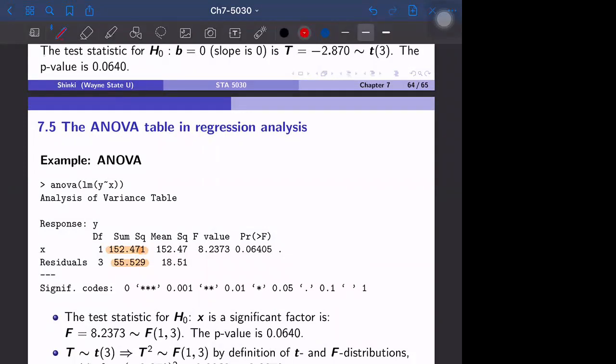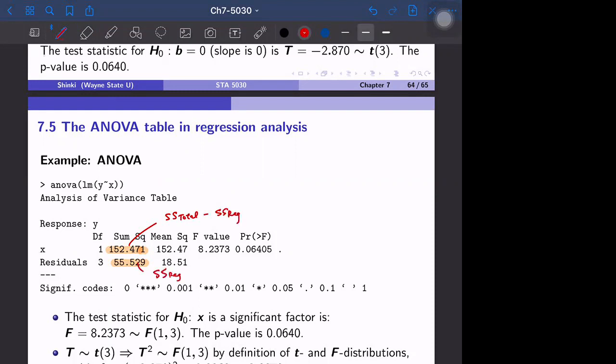This is basically SS total, the total sum of squared deviations, minus the sum of squared deviations for our regression model. So SS total minus SS regression, and this is SS regression.